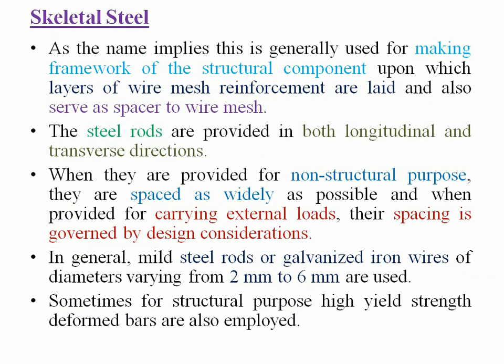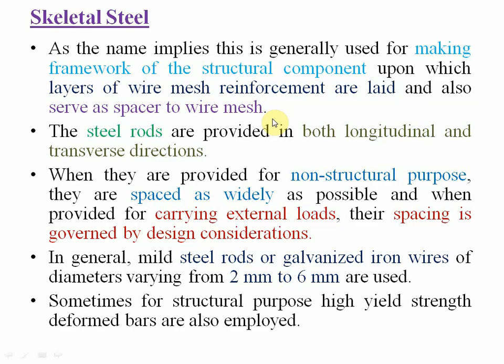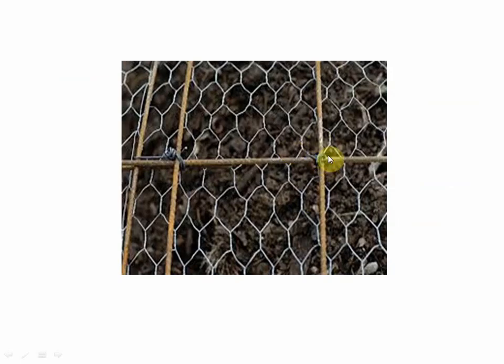Skeleton steel is generally used for making the framework of the structural component upon which the layers of wire mesh reinforcement are laid. Here you can see the skeleton steel. Bars up to 6 mm are used, upon which the wire mesh is placed or laid, and they also serve as a spacer for the wire mesh.